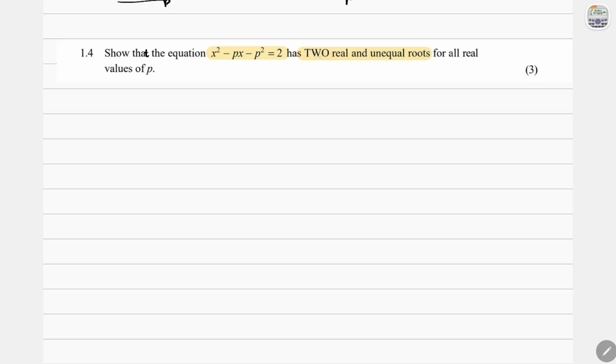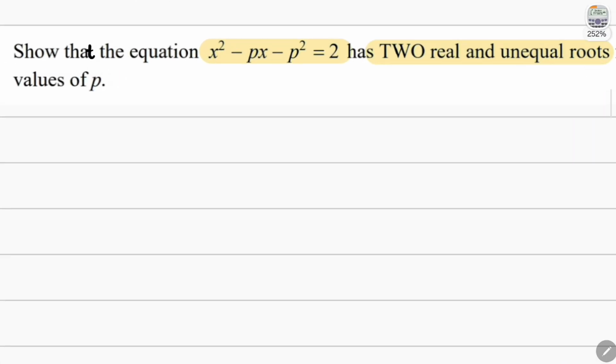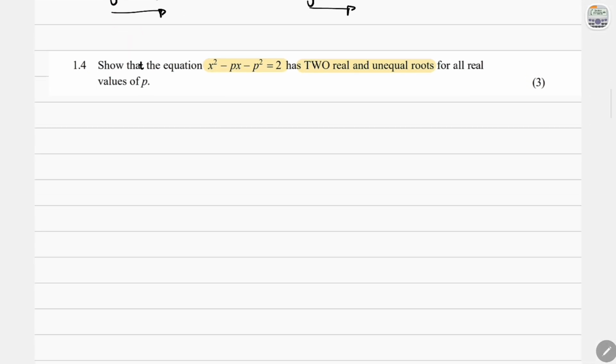Do not get so afraid of this "2 real", because of course, if there are unequal roots and there are 2 roots, this is a quadratic equation, as we can see. So if you have to graph it, it will create a parabola, specifically a concave up parabola, a smiley face, because you can see the coefficient of x squared is positive 1.